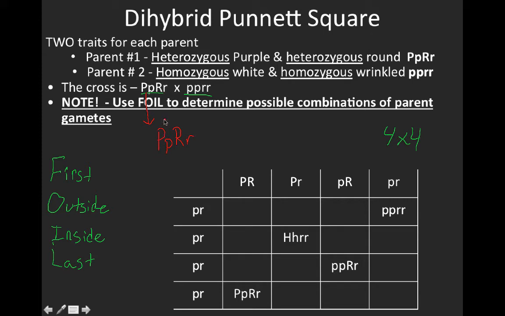So I'll try to use a different color for each one of these and see if we can highlight this. The first is the first in each combination. So I'm going to go ahead and do red for that one. So the first of each set. So the first is this big P here and big R here. All right, we're going to combine those two and put them together. So here you go. There's big P and big R already in there for you.